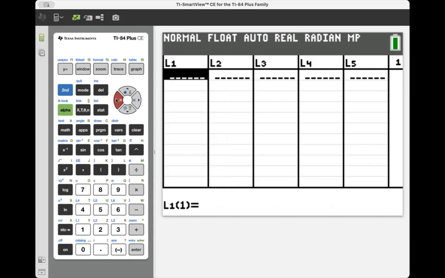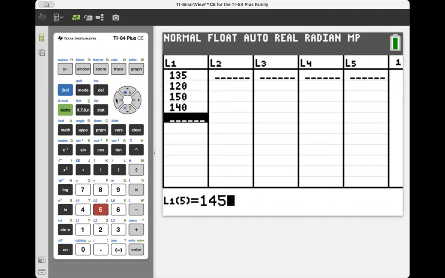So I'm going to put the data for patients with diabetes in L1. 135, 120, 150, 140, 145, 155, 130, 125, 160, and 138.